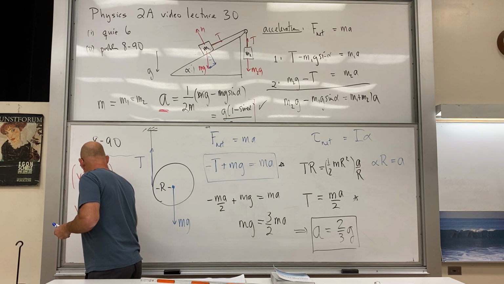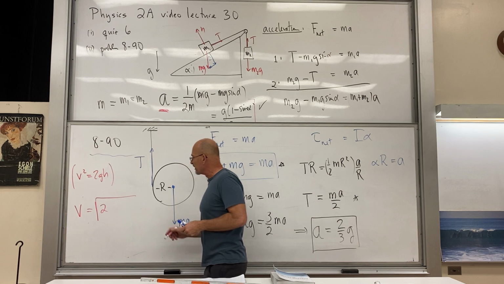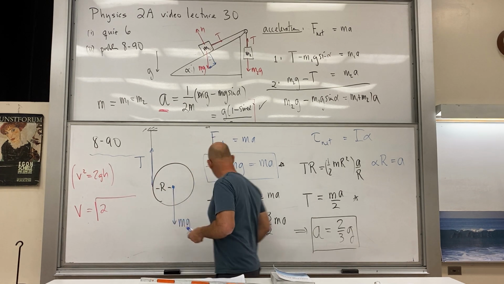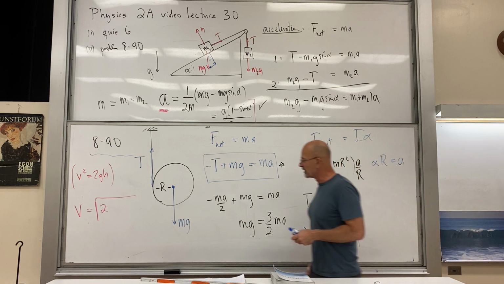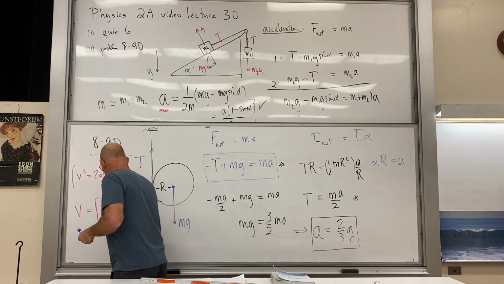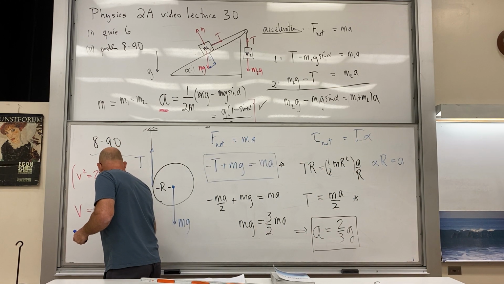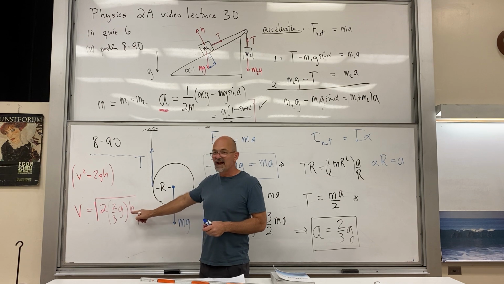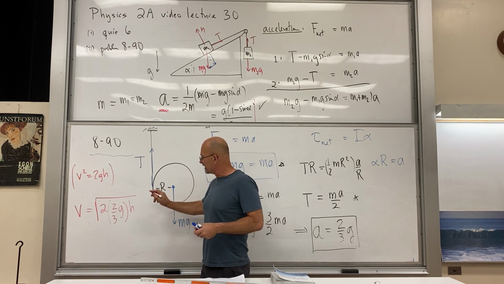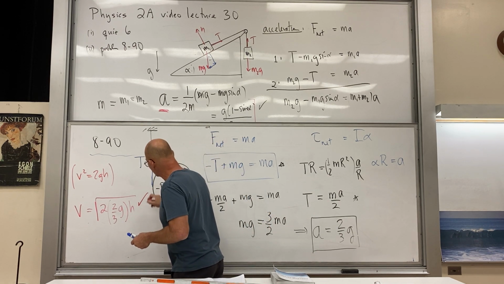But we've got a 2 here. Now, instead of the free fall acceleration, we have 2/3 of the free fall acceleration. So then I can just say 2/3 g and h, and that's where the 4/3 gh square root comes from that you have on part B.